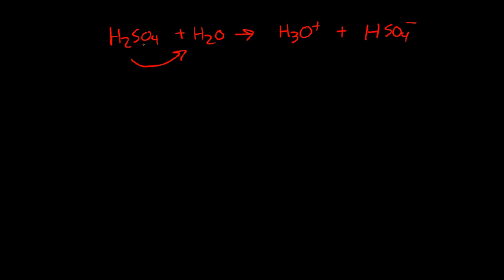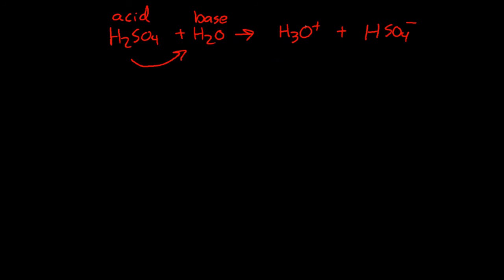And if you remember, according to the Bronsted-Lowry definition, whatever is donating a proton, that is the acid. Which means by definition, this must be the base. And that is what we see in the reaction as well. The water is accepting a proton, accepting an H+, which makes it the base. Now the question also asks us to find something that we haven't discussed yet, and that is the conjugate acid and the conjugate base.